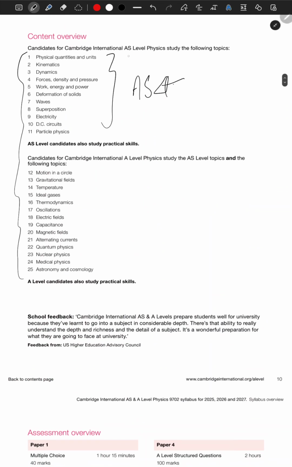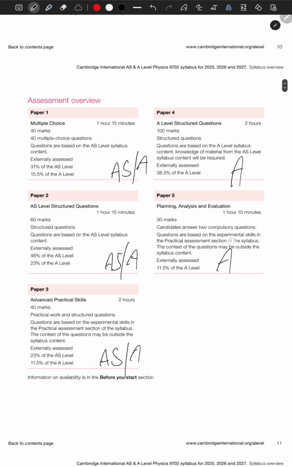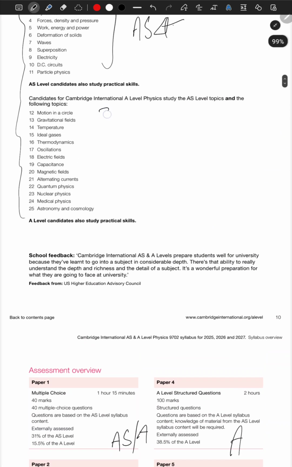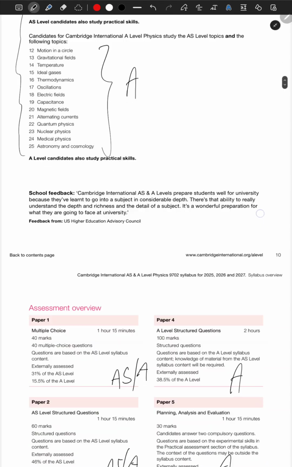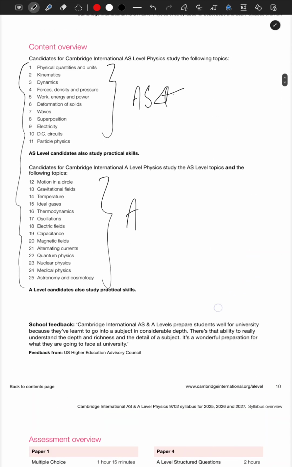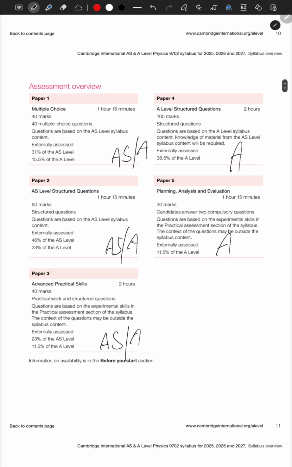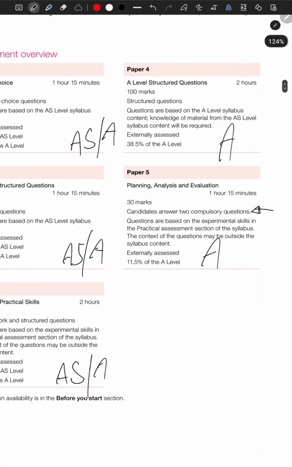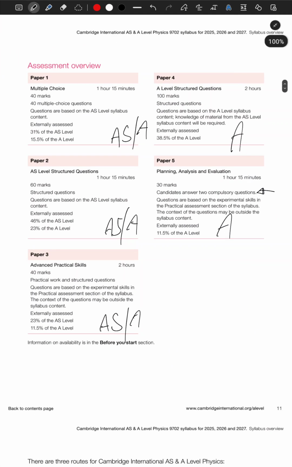For paper 4, you will need to know only A-level topics, so for A-level students only. And paper 5 is for A-level students only, and you need to know the experimental skills and answer 2 compulsory questions, and it is 1 hour and 15 minutes, as you can see.